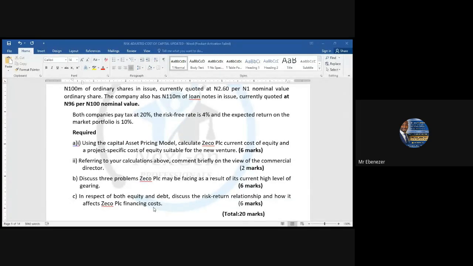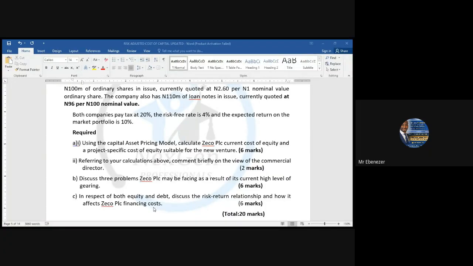Then after that, you calculate your equity beta by including the business risk of the company in the similar industry you are diversifying into, and the financial risk of your own company, right? Thereafter, you calculate the cost of equity. That cost of equity is the project specific cost of equity, because it has already included both business risk and the financial risk, right?